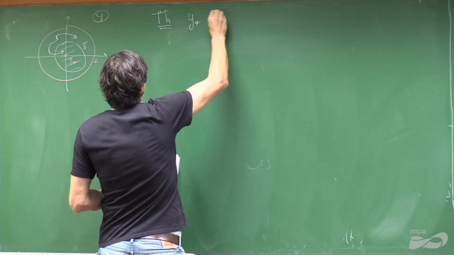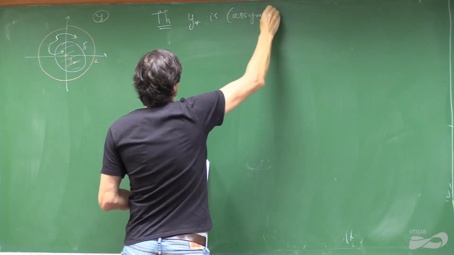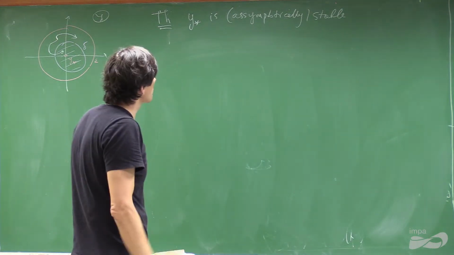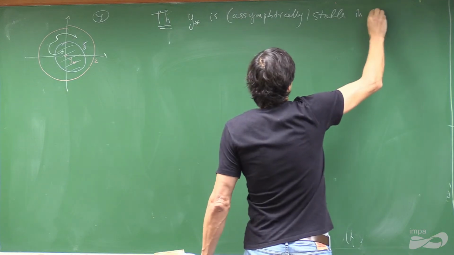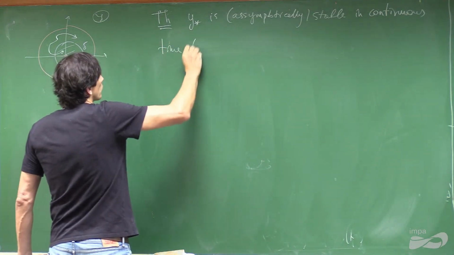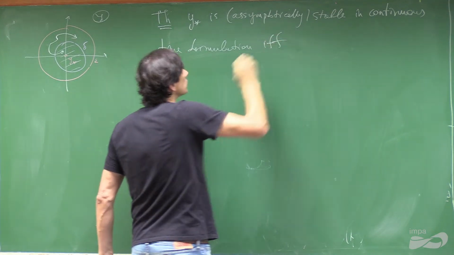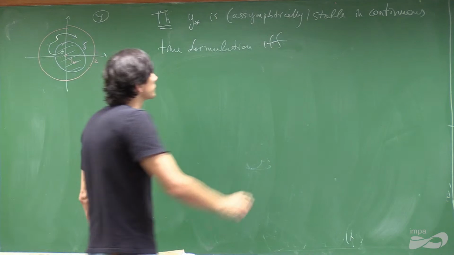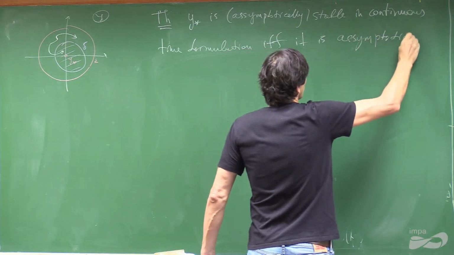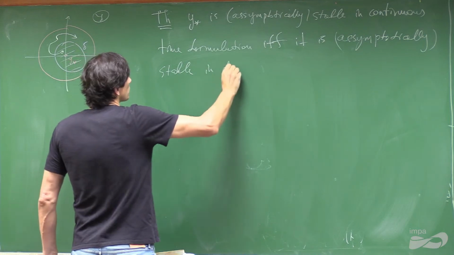So y star is stable or asymptotically stable in continuous time formulation if and only if it is stable or asymptotically stable in discrete time formulation.